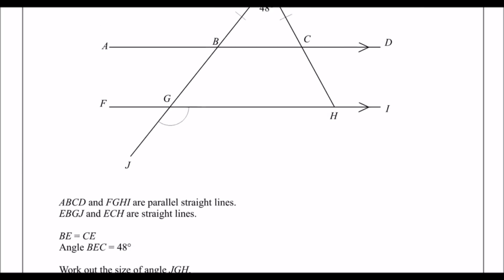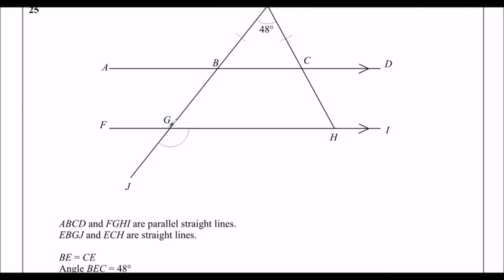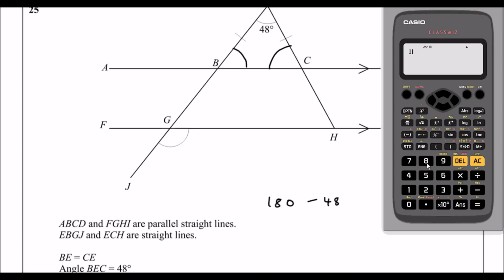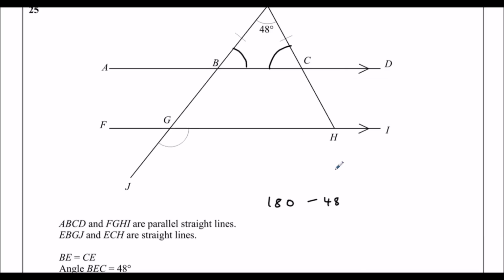We need to work out this angle here, JGH, and give a reason for each stage of our working. So these two angles, the angles at the base of an isosceles triangle, are equal. So 180 take away 48, and then divided by 2 is 66.